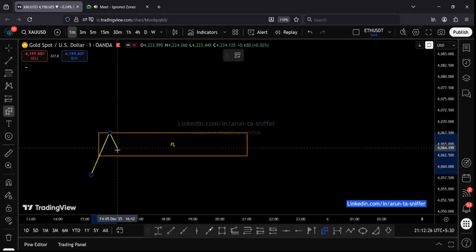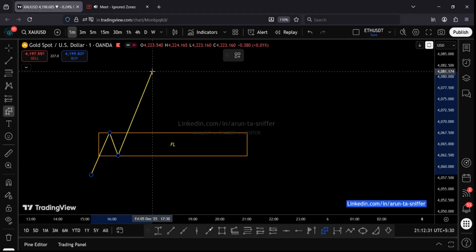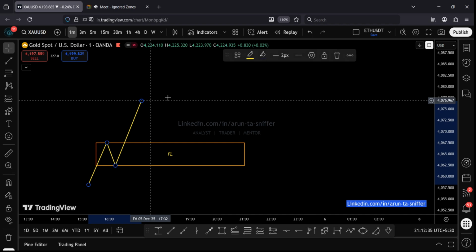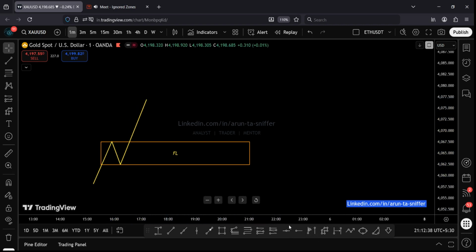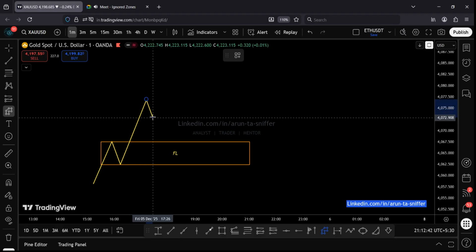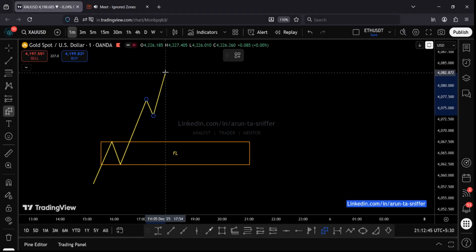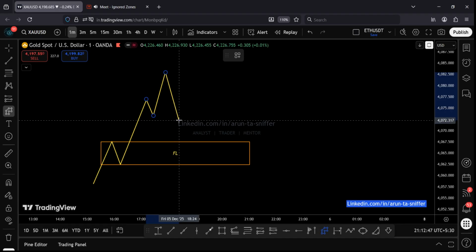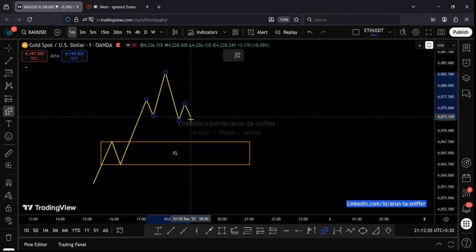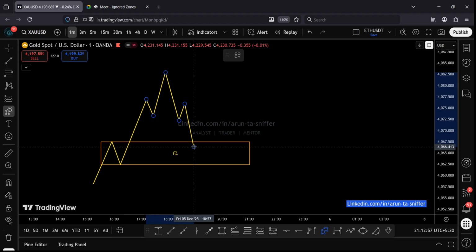Like this, it was created here. What price does, goes up, comes down, makes a swap FL. Yes, I'm drawing in a simpler form. I have shown you the detailed structure already, and it comes back and hits this FL.